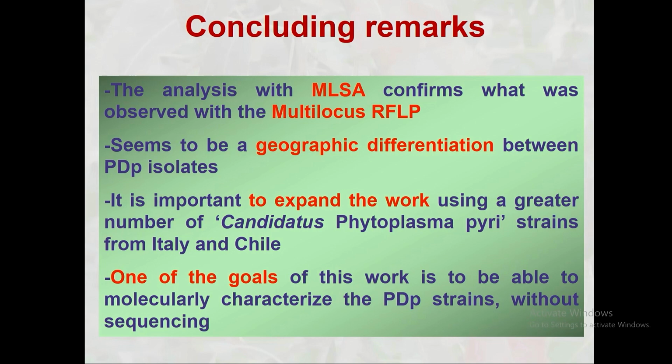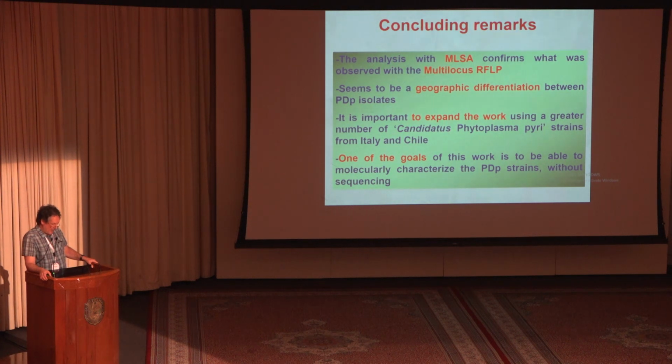One of the goals of this work was to have another technique that would be able to characterize pear decline phytoplasma strains without sequencing before. And then it is easy to finish the work in the lab without sending the amplicons to an agency that can sequence them.